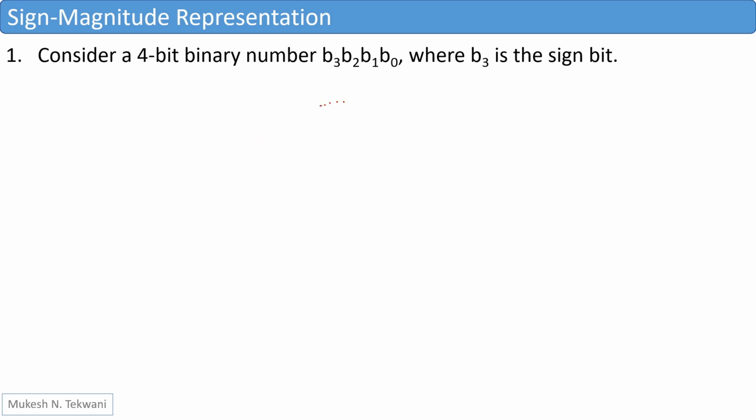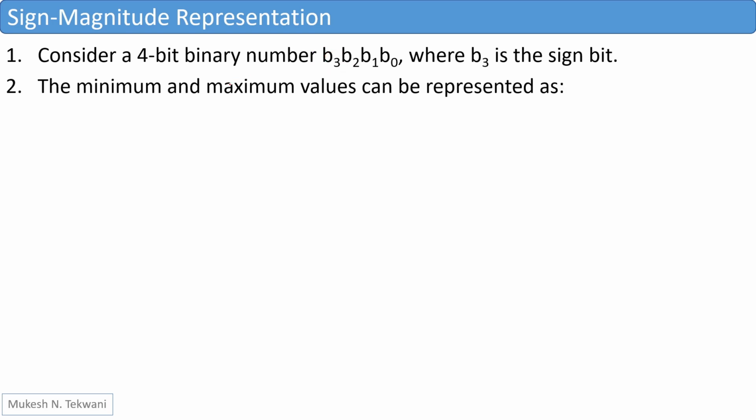As an example, let us consider a 4-bit number B0, B1, B2, B3, and in this, the leftmost bit B3 is the sign bit. So the minimum and maximum values we can calculate easily now. We just need to remember that bit B3 can be either a 0 or a 1. Of course, every bit can be a 0 or a 1, but this bit B3 represents the sign of the number.